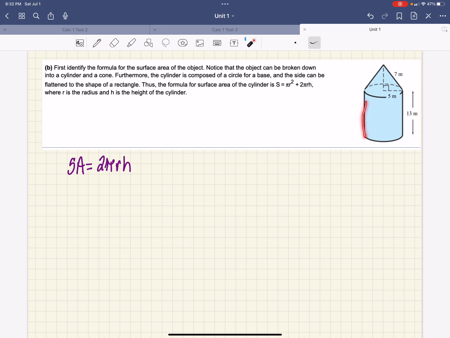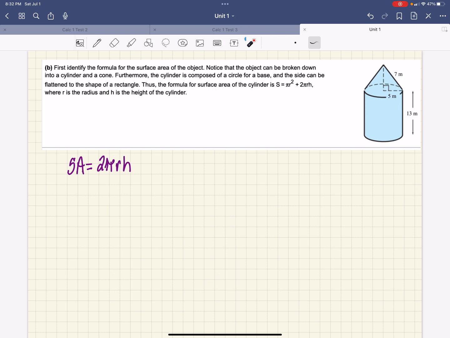If you were to cut this right here and lay it out, you would get a rectangle. It would be the height, and then the 2 pi r is the circumference of the circle. So that's the first part right there.